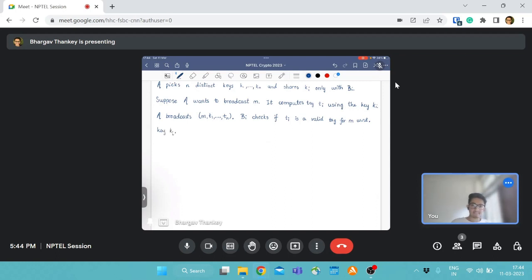So is this fine? It wanted to broadcast a message, so it just computes all the tags, appends all the tags, and Bi ignores all the tags other than the i-th tag. And now B1 cannot impersonate A because sure, it can compute T1, but it cannot compute T2 to Tn, right? Is this fine?